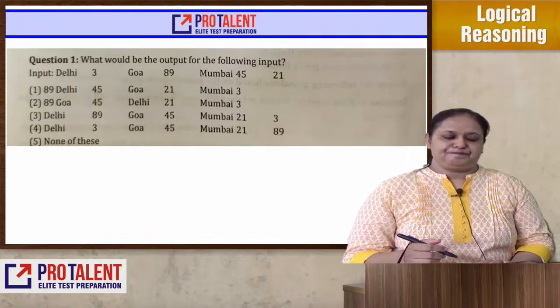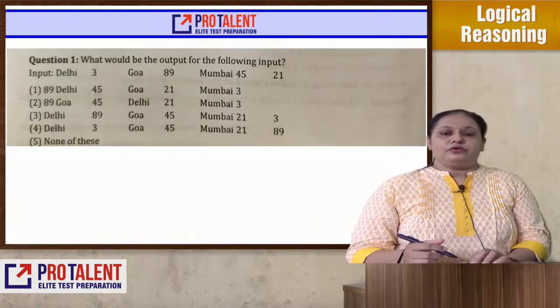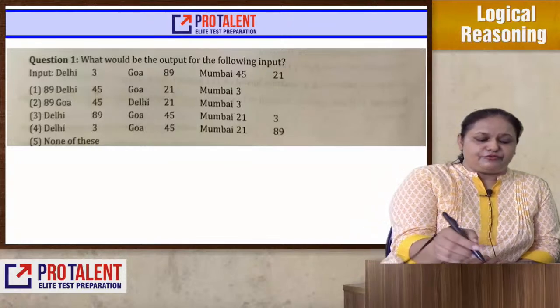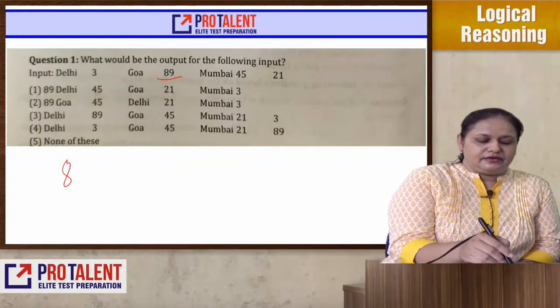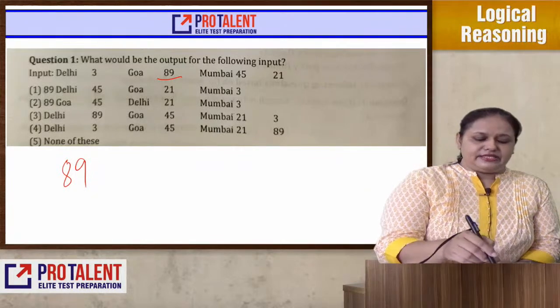89 Delhi. So numbers are in descending order, so the first step would have been 89 and the entire series as it is.